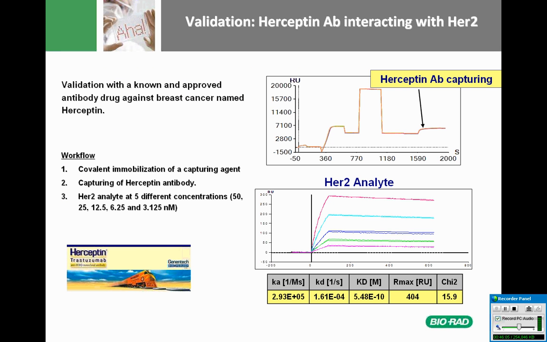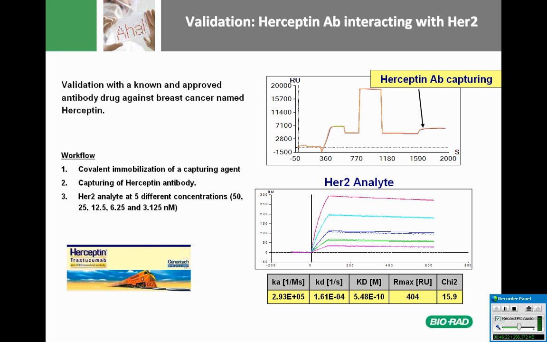So just before we started, we did a kind of validation. We selected a commercial therapeutic antibody, Herceptin, manufactured by Genentech. And this is a drug available on the shelf.